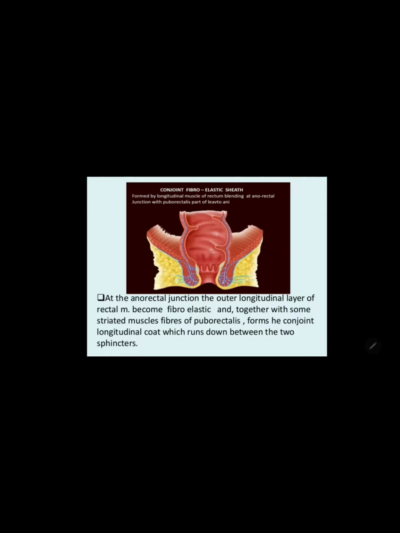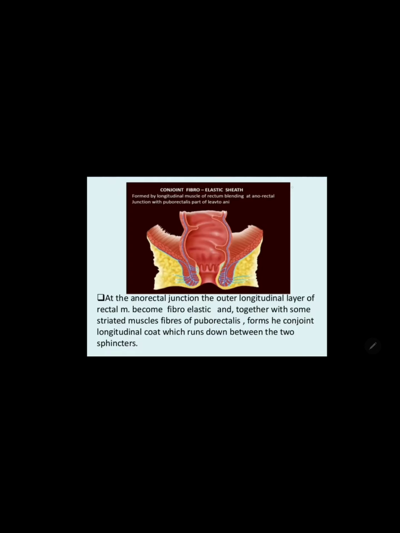And the longitudinal muscle of the rectum and anal canal is a continuation of the outer coat of the wall of the anal canal, and at the anorectal junction the outer longitudinal layer becomes fibroelastic.